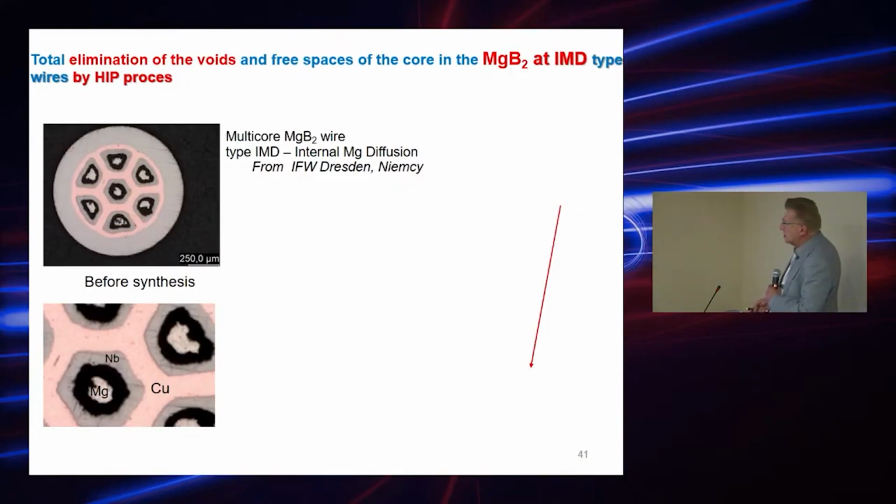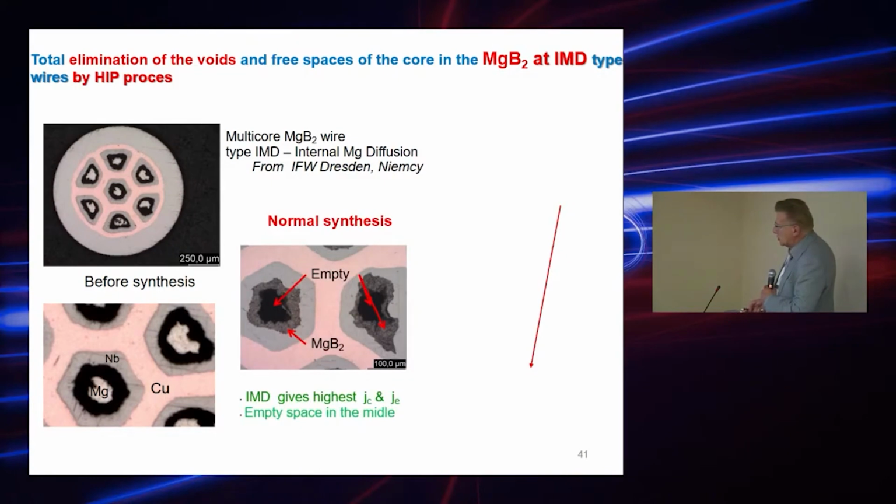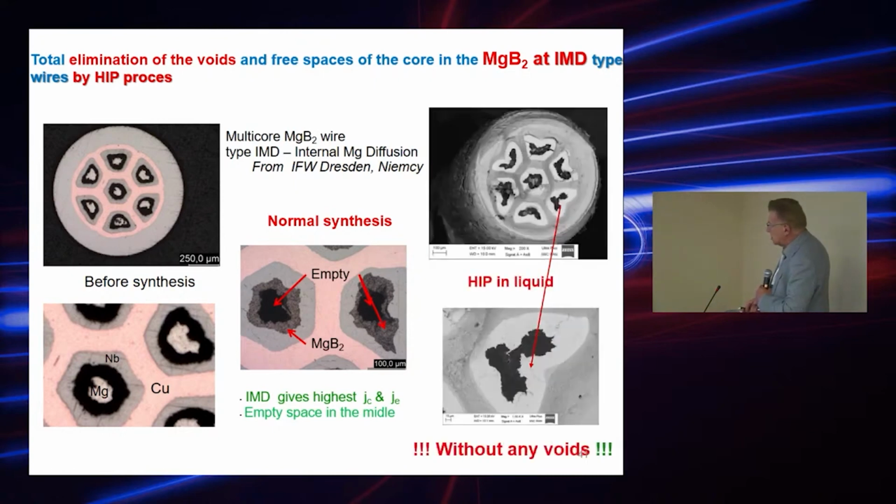Another one is AMD. It is a typical wire from before the synthesis. And after, normally, you have the void inside, you have the empty space in the core. And when we use the heap, you have something very interesting. It means that this core is collapsing.